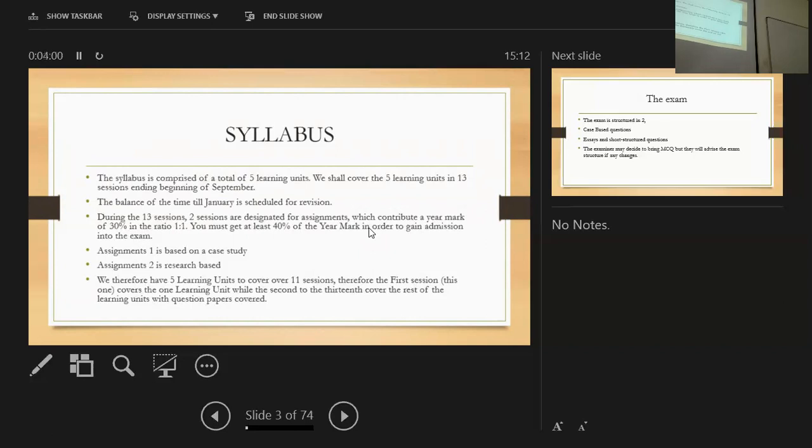Then you're only looking for at least 50 out of 70 in the exam so that we get those distinctions. So if you do not get a distinction for this module, you will be a disappointment to me.